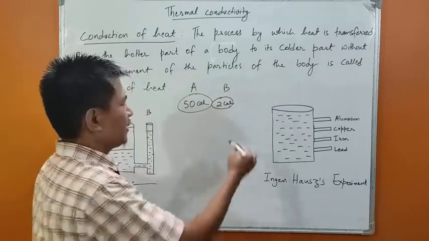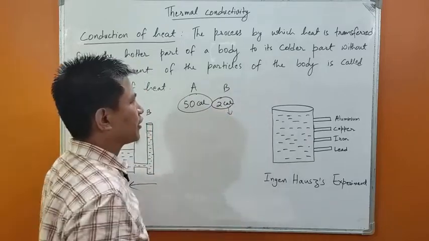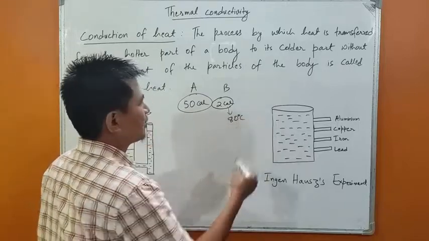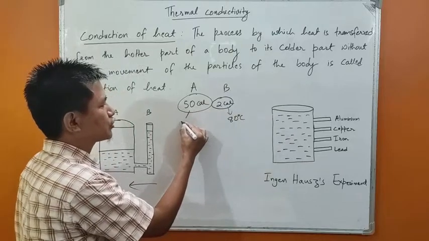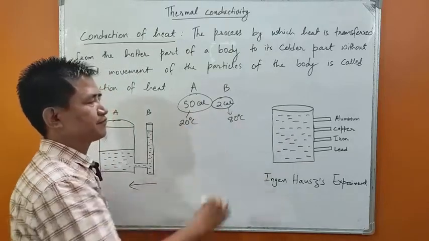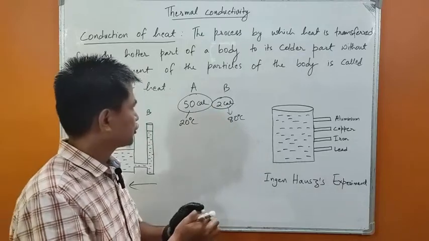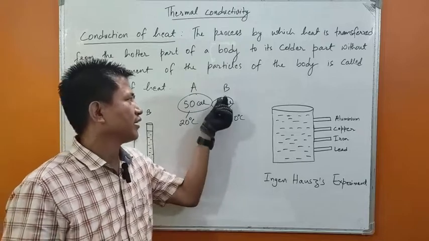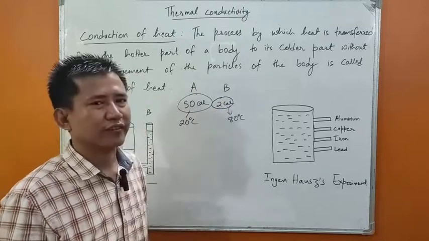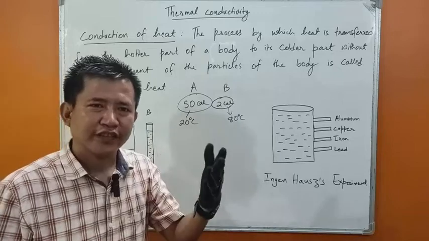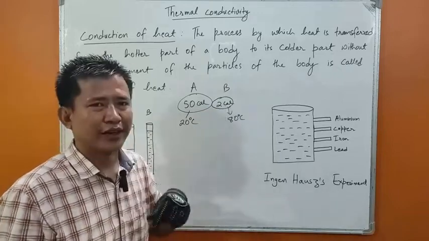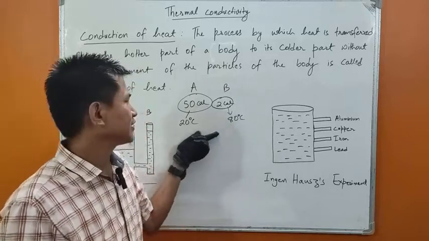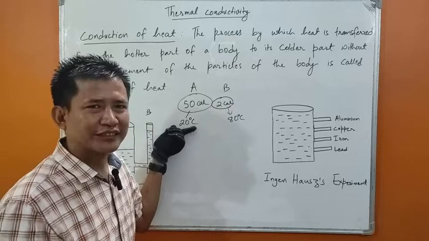Now the temperature of body B is 80 degrees Celsius and the temperature of body A is 20 degrees Celsius. 50 calories of heat energy is much more than 2 calories of heat energy, isn't it? But the temperature of body B is 80 degrees Celsius and the temperature of body A is 20 degrees Celsius.